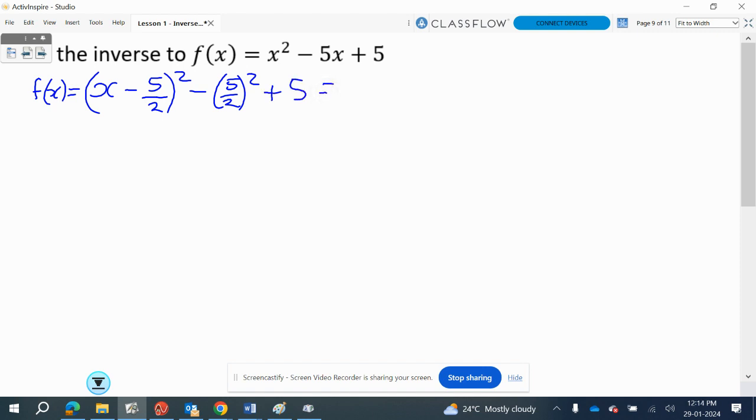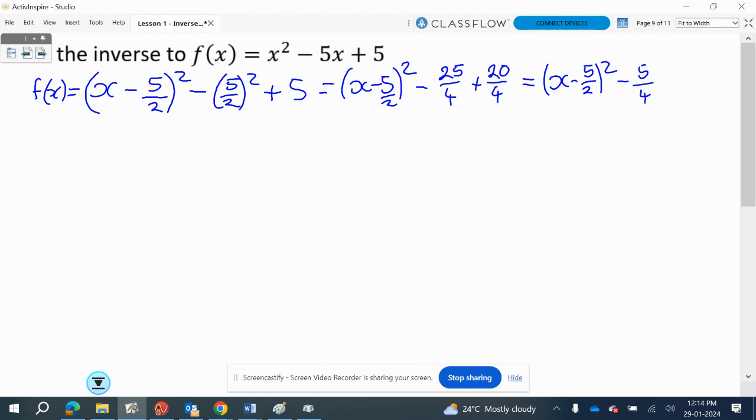This is going to give us x minus 5 over 2 squared minus 25 over 4. So this 5 here, give it a common denominator, multiplying top and bottom by 4, we can write 5 as 20 over 4. So we see at that point that in completed square form we get minus 5 over 4.